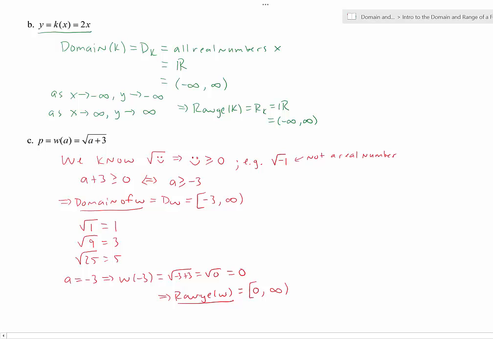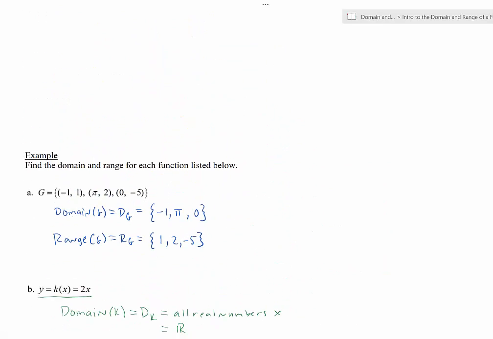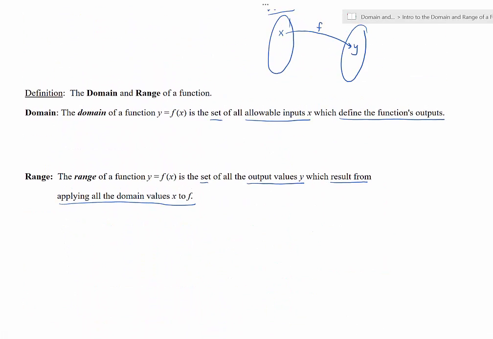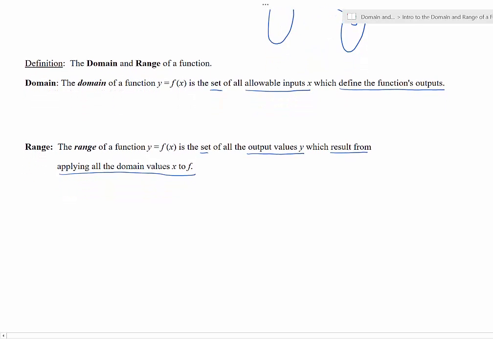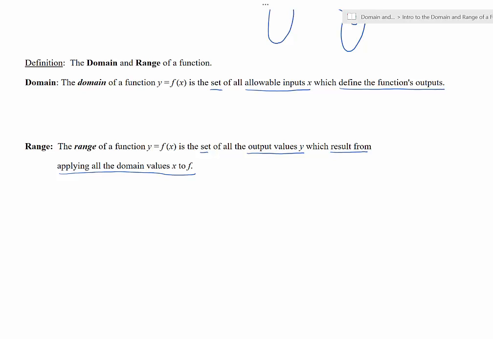So there we go. All right, that's about it for the video. This video was on introducing the concept of domain and range. The domain is the set of all allowable inputs which define the function as an output, and the range is that corresponding collection, that set of output values that is the result from applying all of the input values.